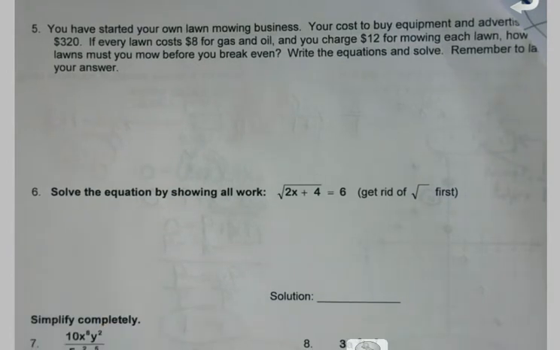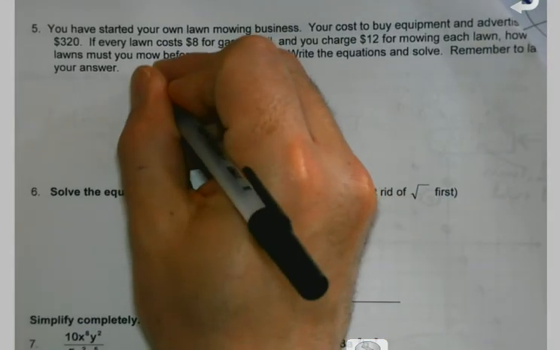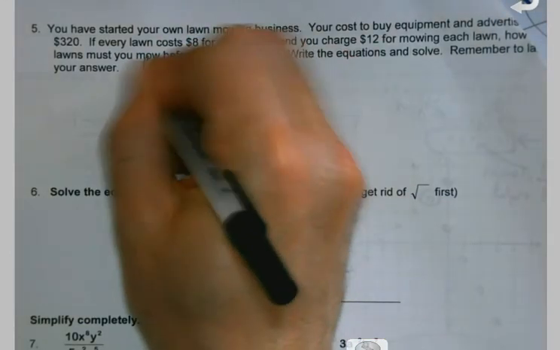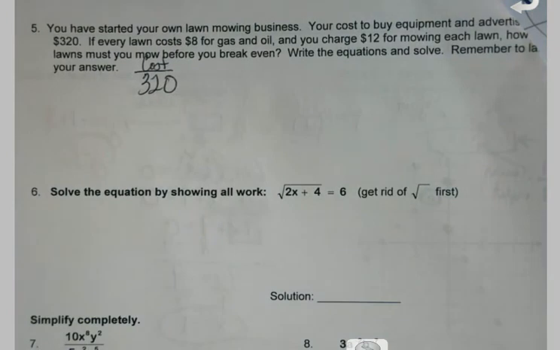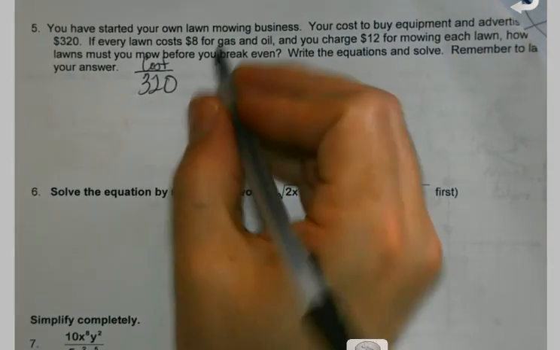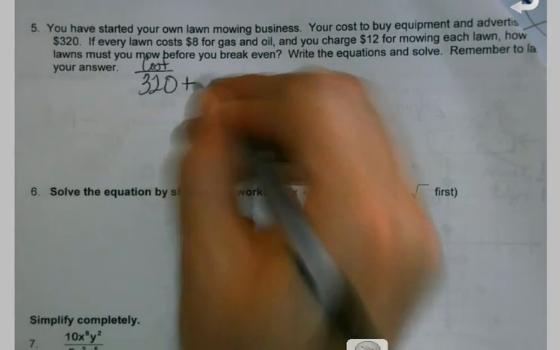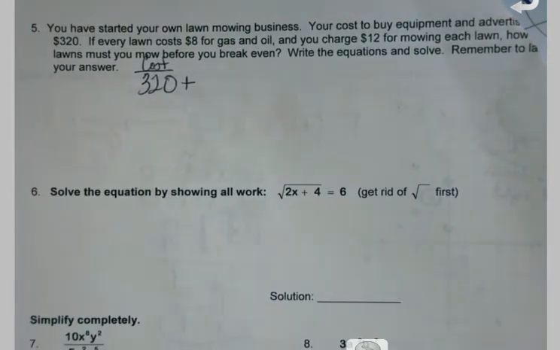Okay, so $320, that's my cost before I start up. Plus, because that was a one-time cost, I don't have to do that all the time.